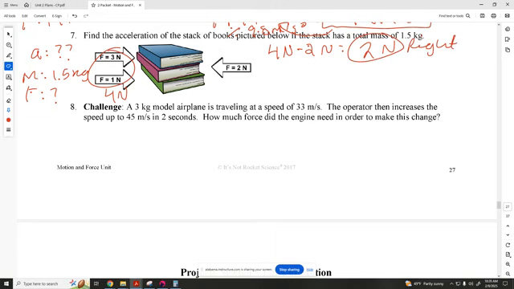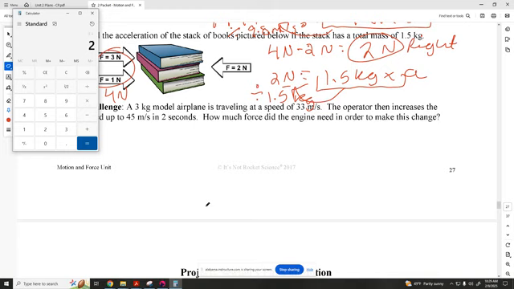So I can plug it into force is equal to mass times acceleration. So force, 2 newtons, is equal to mass, 1.5 kilograms, times acceleration. Move 1.5 across the equal sign so that acceleration is by itself. I'm multiplying on the right, so I will divide on the left. So 2 newtons divided by 1.5 kilograms.